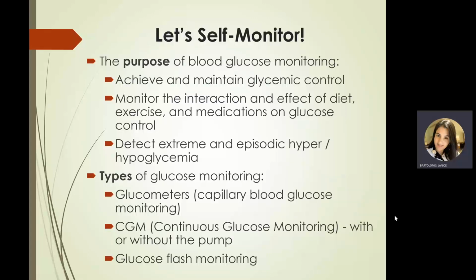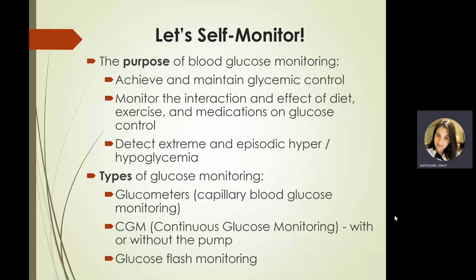Then wipe the finger with alcohol, let it dry, and stick the finger using the lancet. Once the first drop of blood comes out, you wipe it with your cotton ball, and then with the second drop, you touch the tip or mouth of the strip, and it gives you a reading.